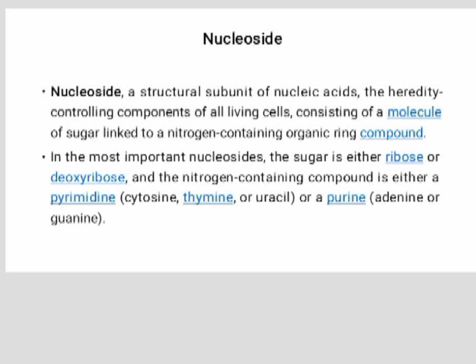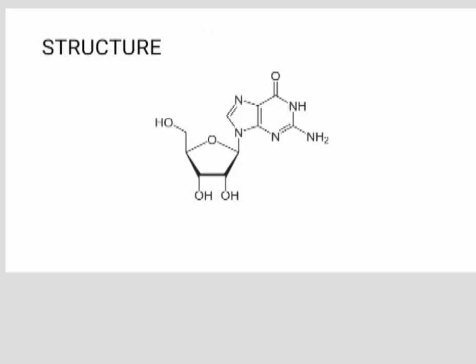Based upon the presence of ribose or deoxyribose sugar, they are part of RNA or DNA. Cytosine, thymine, and uracil are called pyrimidine nitrogenous bases; adenine and guanine are purines. This structure shows the nucleosides.